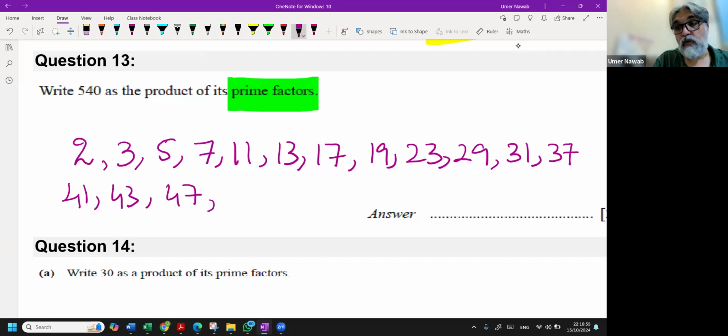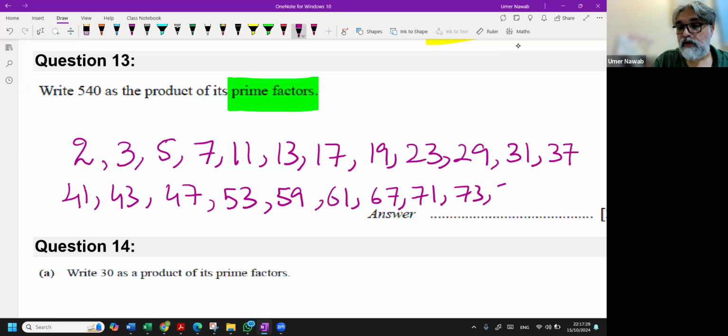51, no, because 5 plus 1 is 6, and according to the divisibility rule of 3, 51 will be divided by 3. Not 51, 53. Yep, 53 is a prime number. 57 again, no. 5 plus 7 is 12, and 12 can be divided by 3. So 57 can be divided by 3 by the divisibility rule of 3. So 59. So there are two prime numbers in the 50s. 61, 63, no. 65, no. 67, 69, no. 71, 73, and 79.